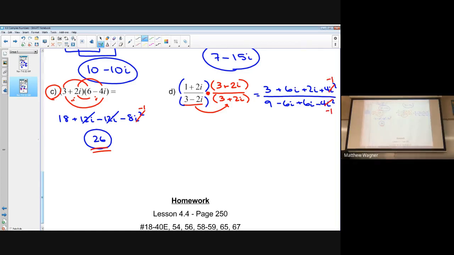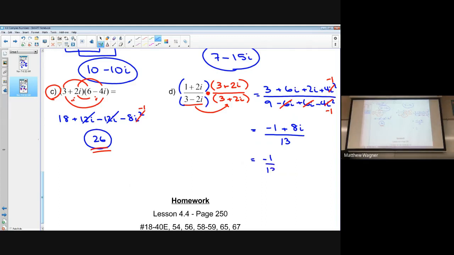Remember from before, i squareds are -1. Notice those cancel in our denominator. In our numerator, we have 3 minus 4, which is -1. 6 plus 2 is 8i. And then 9 plus 4 is 13.